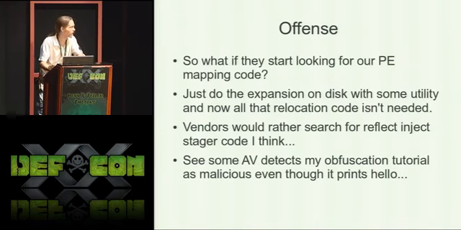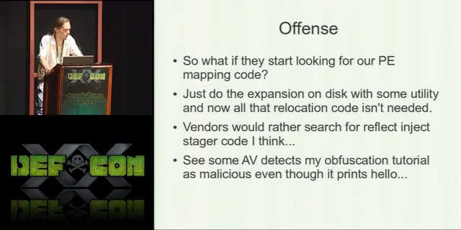On the offensive side, what if they start trying to look for PE mapping code? A perfect example is I used it in a code obfuscation tutorial, and one of the vendors wound up flagging it as malicious software when it just printed hello, whether you actually ran it, dropped it in a disassembler, or looked at the source.